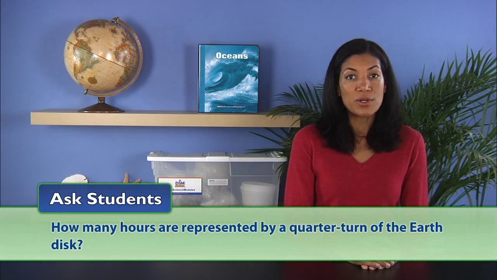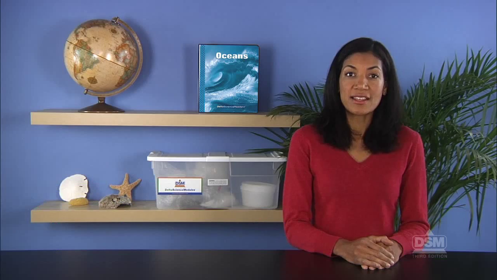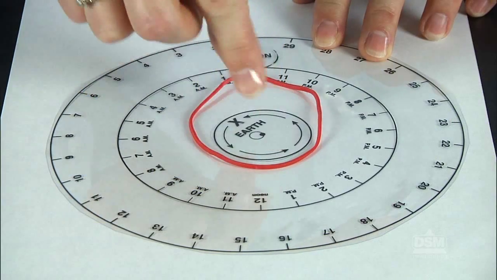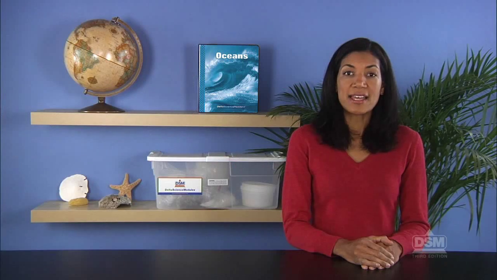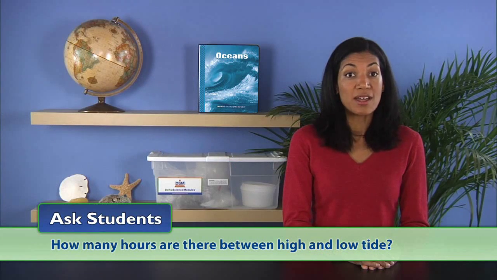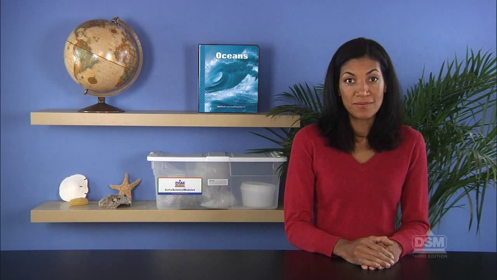Ask how many hours are represented by a quarter turn of the Earth disk. Students should calculate that a quarter turn of the Earth disk represents about 6 hours. Then ask, how many hours are there between high and low tide? Again, students should deduce that there are about 6 hours between high and low tide.